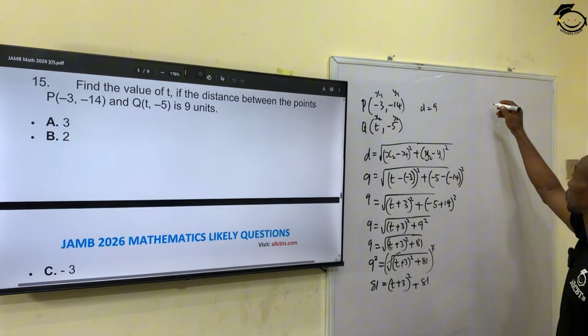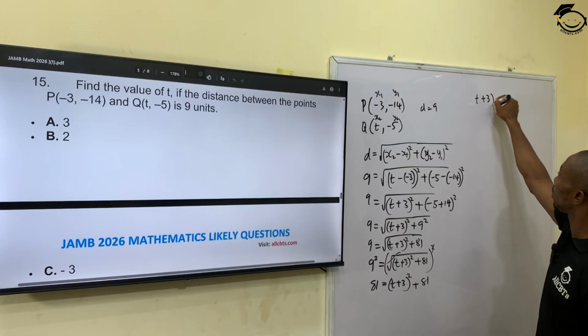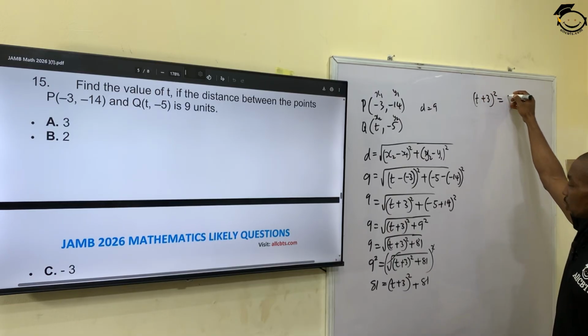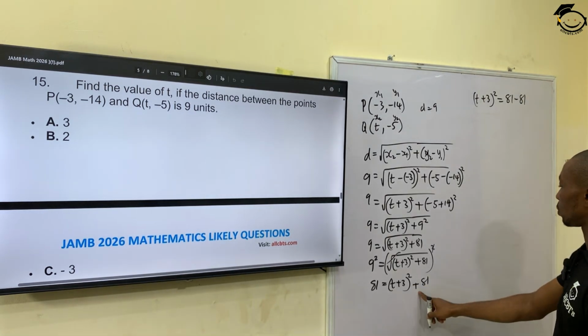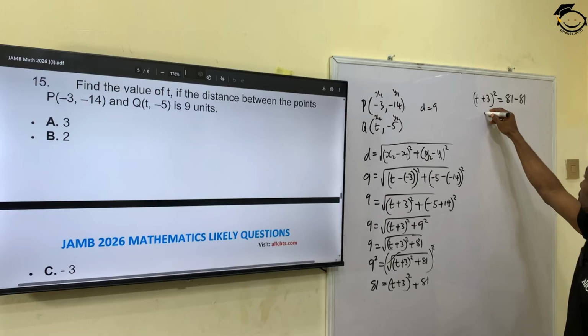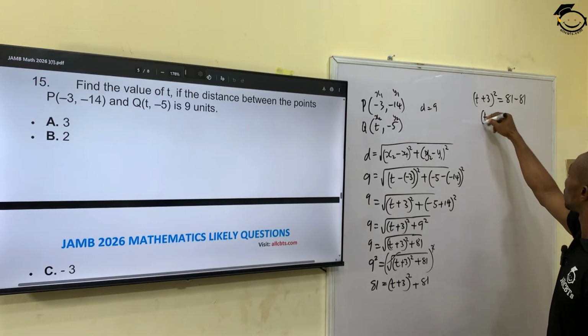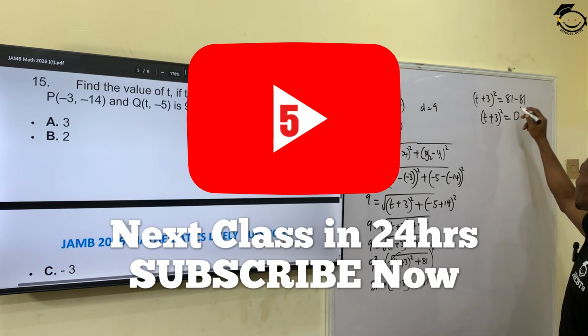So this will give us t plus 3 all squared equals 81 minus 81. 81 going over to this side will become subtraction. So this becomes t plus 3 squared equals 0.